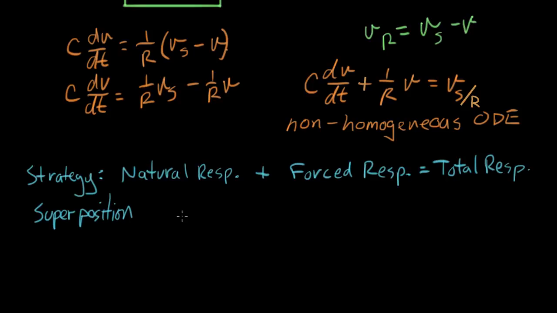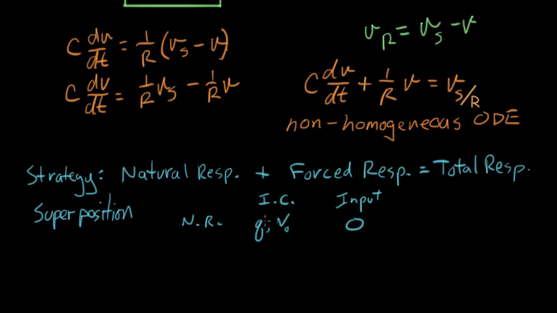So the strategy for the natural response is this. For the initial conditions, that's the charge on the capacitor, we'll take the initial Q and the initial V, V naught. And when we look at the inputs, we'll set the inputs to 0.